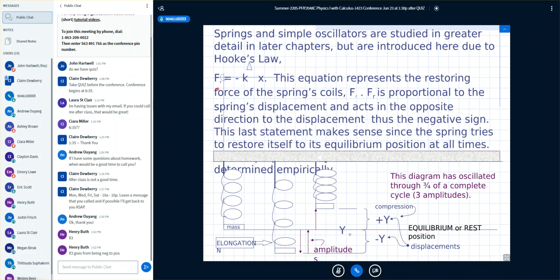And even if I look at the compression as being X and the elongation being X, I know that the elongation has a negative value and the compression had a positive. So they're still not the same value. The same magnitude, yes, but not the same value of force because there's a direction associated with it.